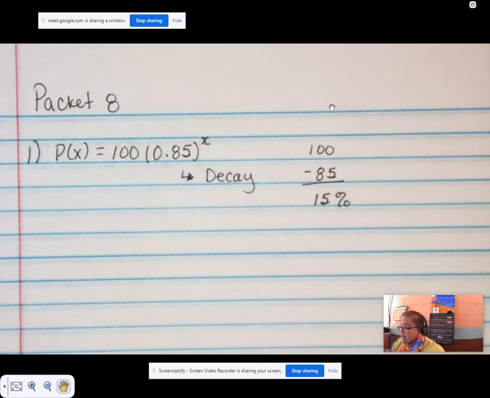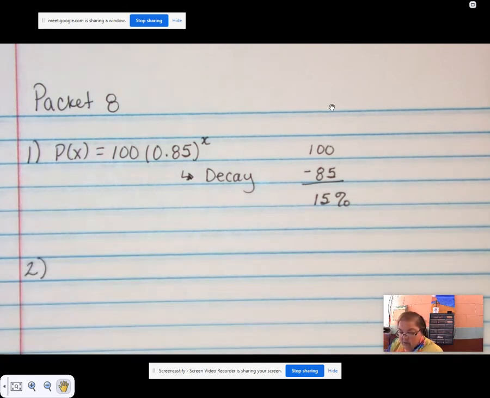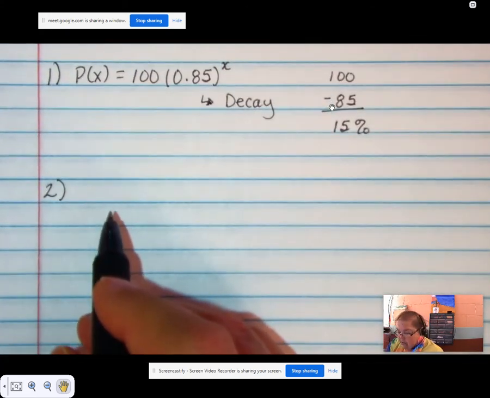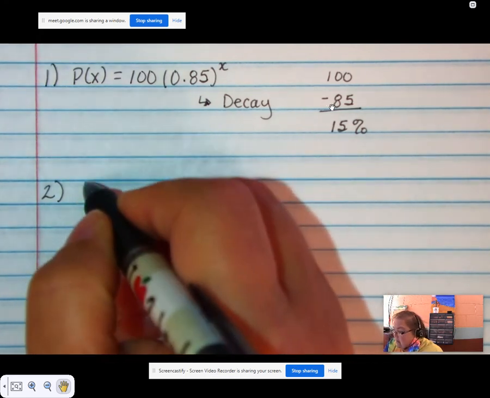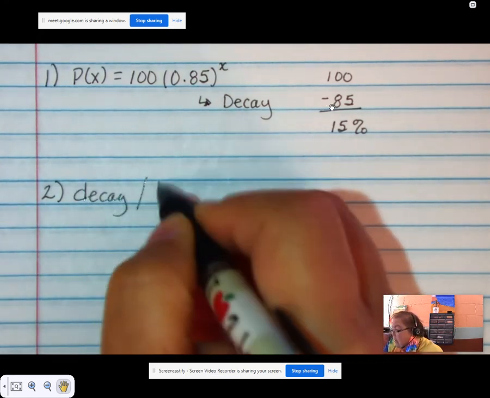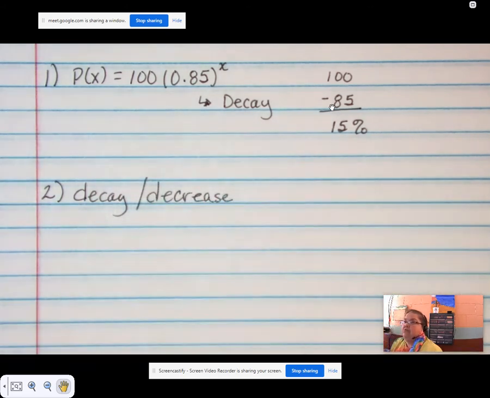Okay, let's look at number 2 here. Kim purchases a car for so much. She's given a table showing the data representing the expected depreciation. If it is a depreciation, is that a growth or a decay? That's a decay or a decrease. Remember, those things are synonymous.